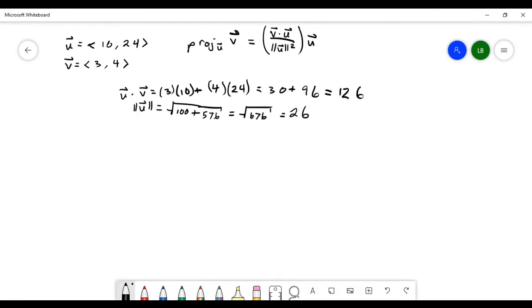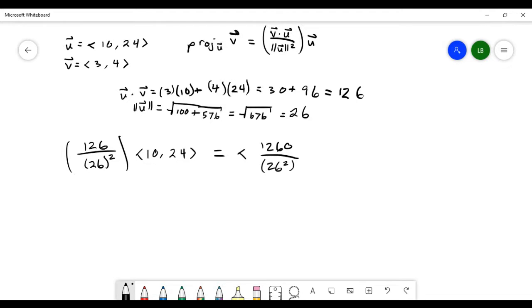And our projection tells us we need to take 126 divided by the magnitude of u squared. So 126 over 26 squared times vector u, so times 10 comma 24. And essentially we get a mess. 1260 over 26 squared.